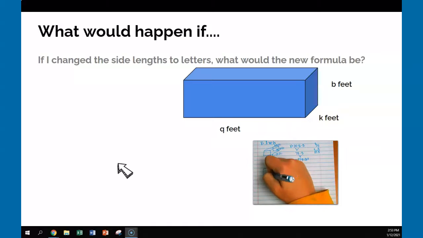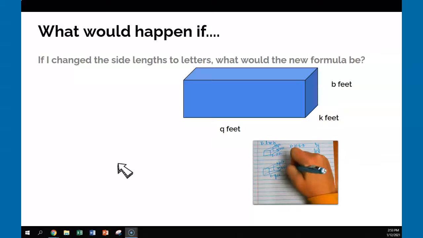If my formula is length times width times height, I would just plug those in. So volume is equal to Q times, so it would be a W, Q times B times K. If you did those in a different order, that's okay, because the commutative property tells us that we can switch the order with multiplication and it'll still be the same outcome.